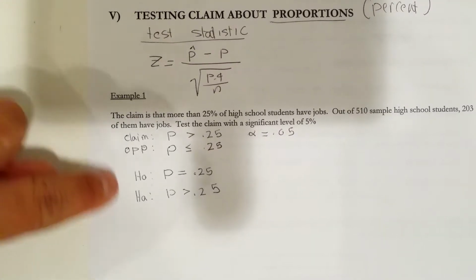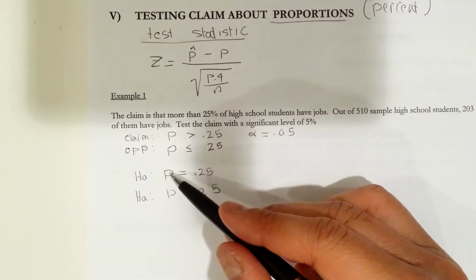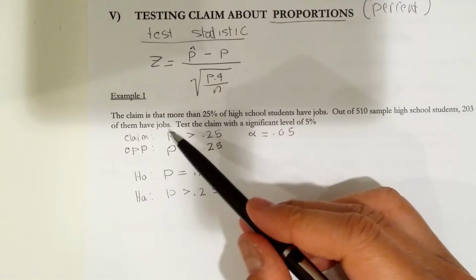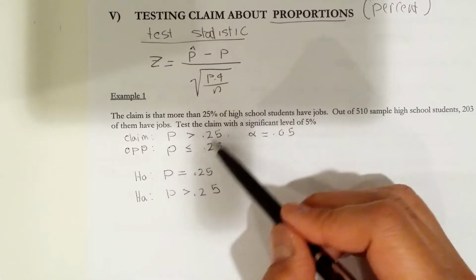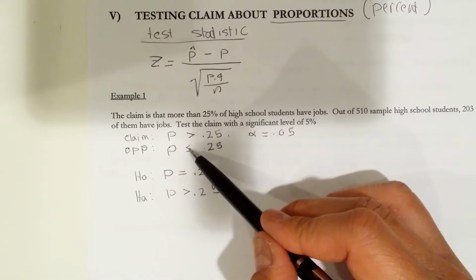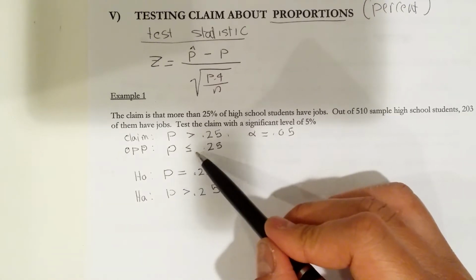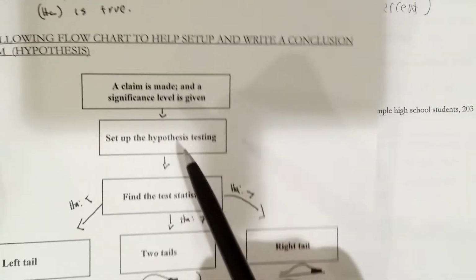Make sure you pay attention to how I came up with the null and the alternative. Once again, you analyze the previous lines and ask which one contains an equal symbol. Since this one does, that's your null, and the other one is your alternative.